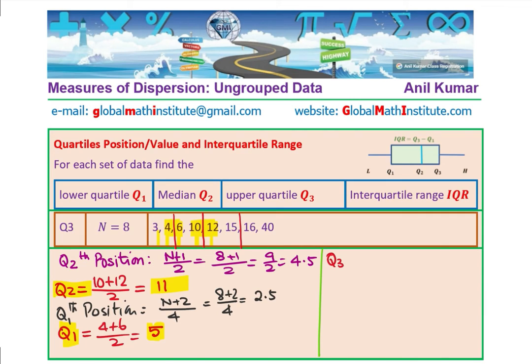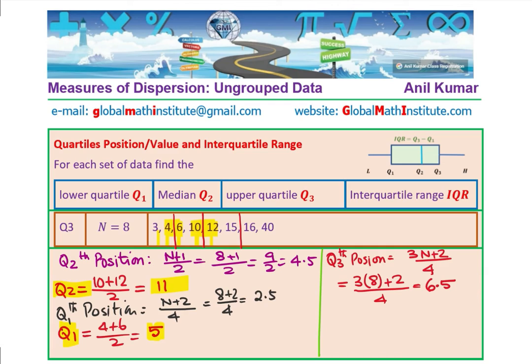So Q3th position will be what? 3n plus 2 divided by 4, right? So in this case, 3 times n is for us 8 plus 2 divided by 4. 24 plus 2 is 26. 26 divided by 4 is 6.5, right?